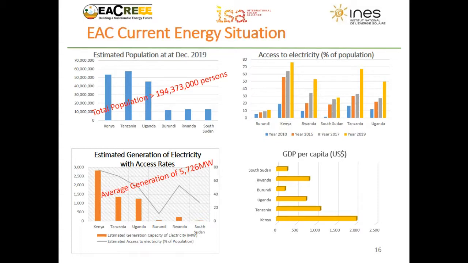Then when you look at the GDP, that is quite indicative of what we have seen. Just to go back, the average access for the region is about 47.6%, both off-grid and on-grid.